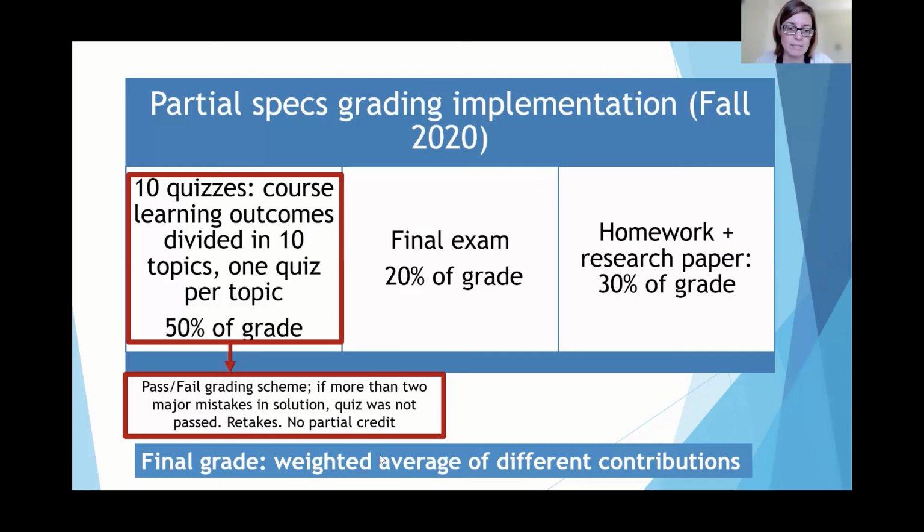At the end of the semester, we still used the weighted average of the different contributions to determine the final grade. And we kept the final exam, the homework, and we moved the labs to a research paper because we were fully online, and we also were not able to implement service learning. So this was the first round of redesign for my 112 class.